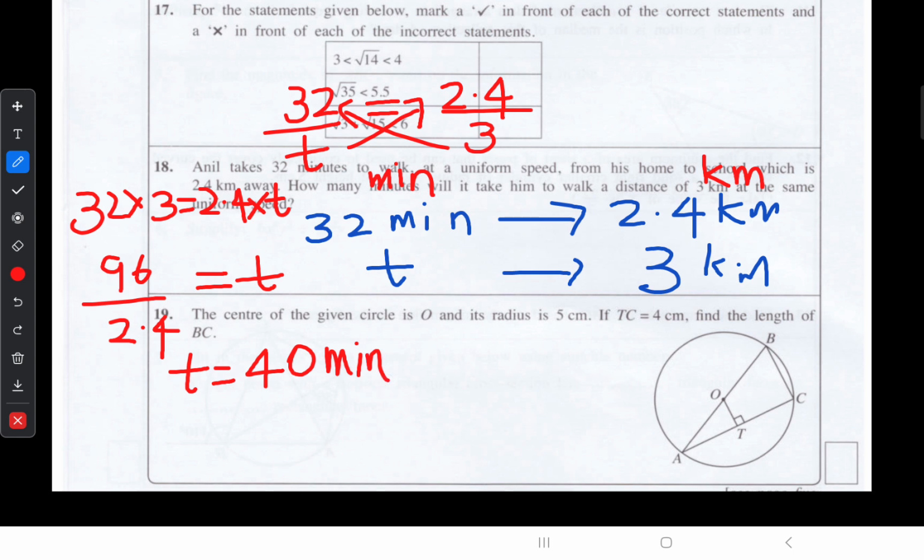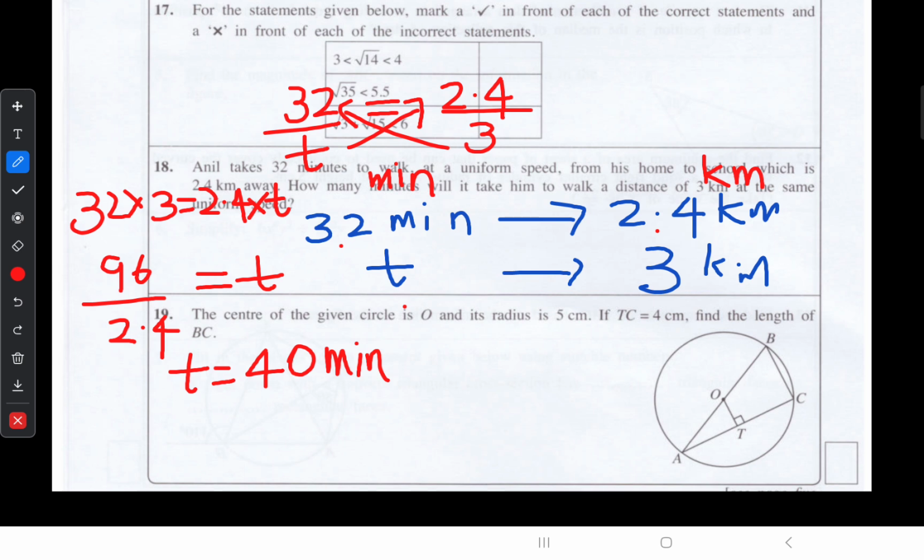I'll repeat it once more. How did we find this? He took 32 minutes to reach 2.4 kilometers. How much time does he need to reach 3 kilometers? In this case, you can use the ratio method. 32 upon t, and 2.4 upon 3.